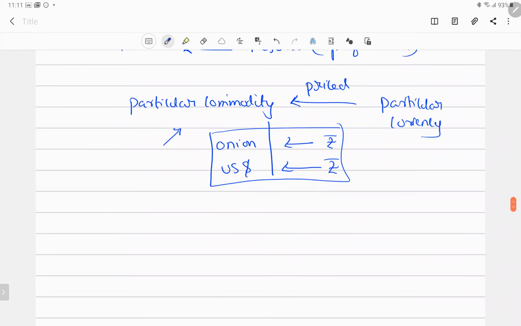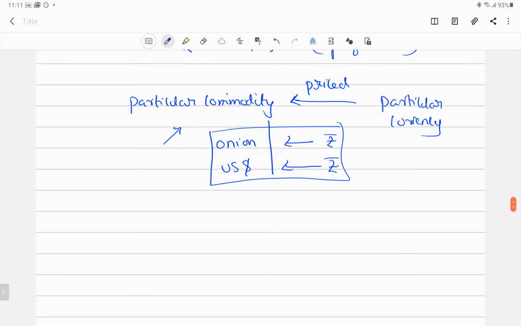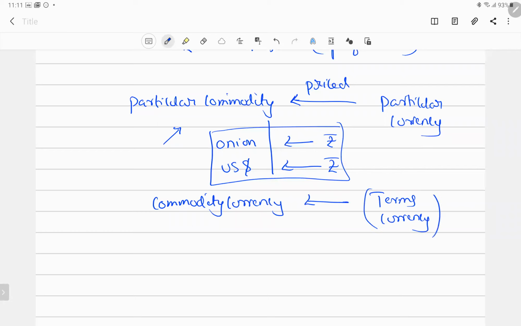So I can say, for example, you have the commodity currency and you have the terms currency. Normally the commodity currency will be given in 1 unit, right? I can interpret it in some other way with an example.